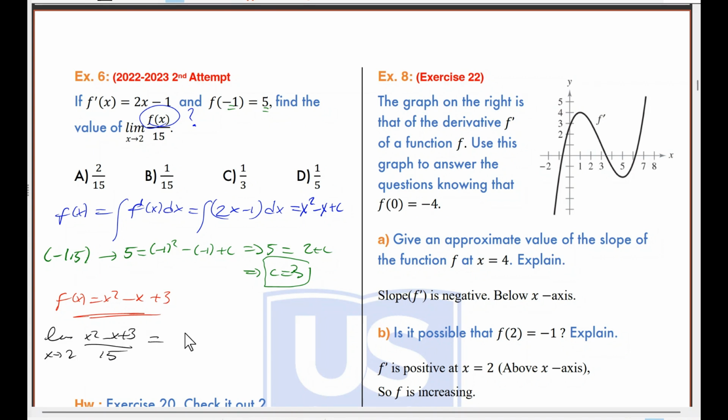Let's substitute 2 for x. 2 squared minus 2 plus 3 over 15. 2 squared is 4. 4 minus 2 is 2. 2 plus 3 is 5. 5 over 15. Simplify. Divide both by 5. 5 over 5 is 1. 15 over 5 is 3. So I got an answer, 1 over 3. Okay, that was also such a nice question.